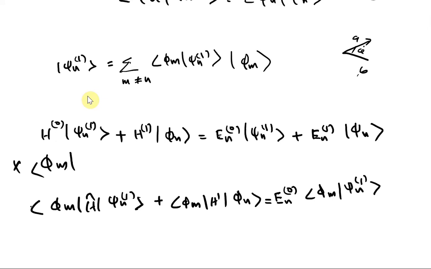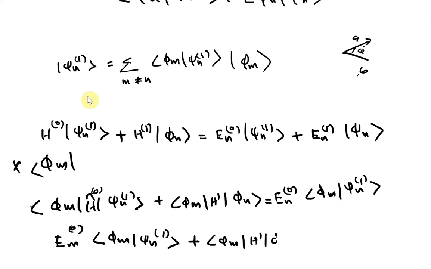Now what we can do is we can apply this h naught, right? We'll apply this h naught to phi m, and what it produces is nothing but em naught, and phi m psi n1 will be there, plus phi m h dash phi n, which is equal to en0 again phi m psi n1.